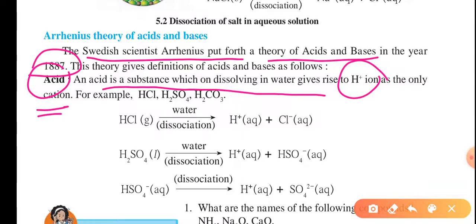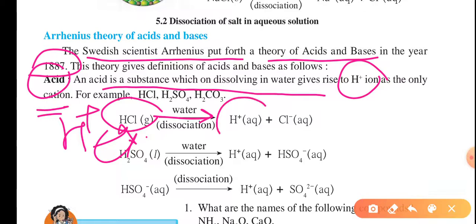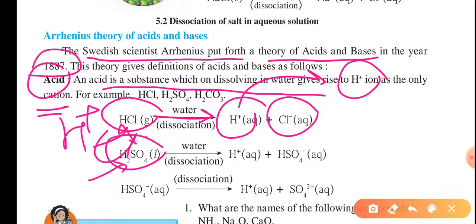So we have HCl, that is hydrochloric acid. On dissolving in water, the water goes inside it and breaks it into H+ and Cl-. Since we get H+, it is an acid. The same is the case with H2SO4, sulfuric acid. The H+ ions dissociate in water, and we get H+ and HSO4- ions.